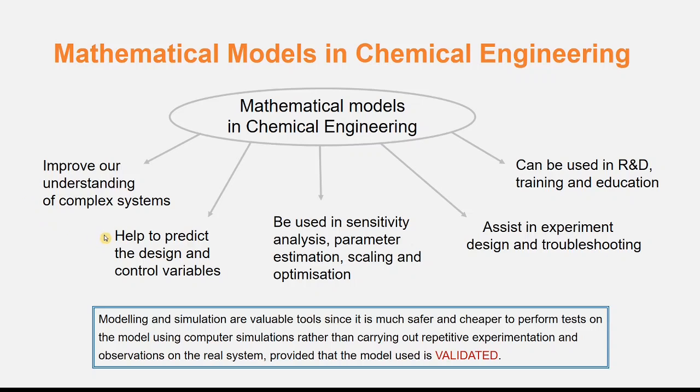Models can help us understand what the design and control variables are in a system, what can be controlled and what cannot. Models are very useful in performing sensitivity analysis and optimizing processes. Optimization techniques are also useful for designing experiments to get the most information out of the system for each experiment. Instead of randomly trying different conditions, you work out what conditions to apply to help you improve your model.